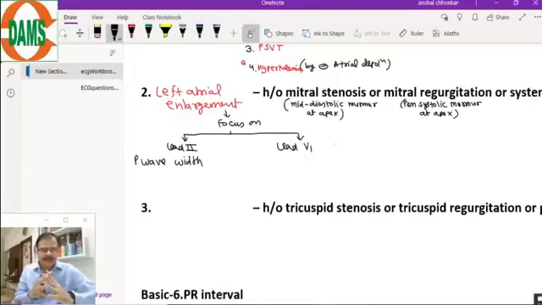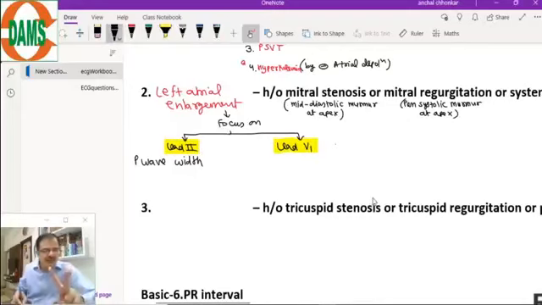So the second abnormality of the P wave is due to left atrial enlargement. And how does the left atrial enlargement occur? Because of mitral stenosis and mitral regurgitation, or maybe systemic hypertension. Whenever there is some atrial pathology, we will focus on two leads: lead 2 and lead V1.